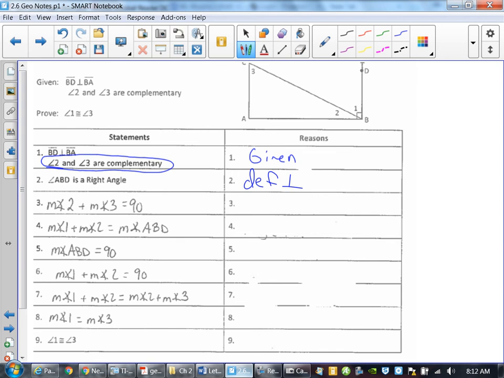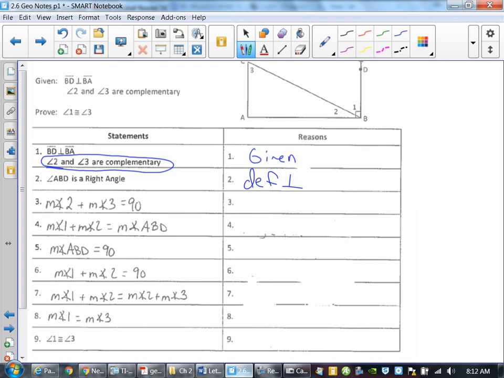It says angle plus angle equals 90. So, according to the sheet, angles 2 and 3 have to add up to equal 90 because that's what it says. It's the 4th one, yeah. So now they told us this. That's why we can say this. So it's definition of complementary.